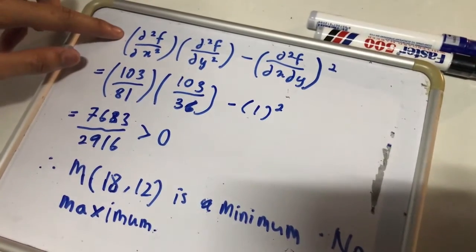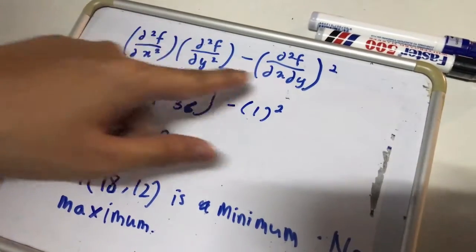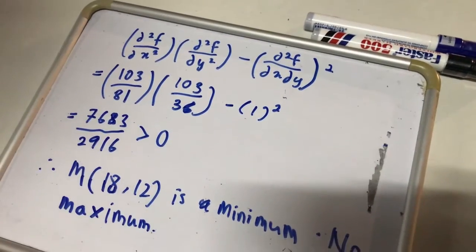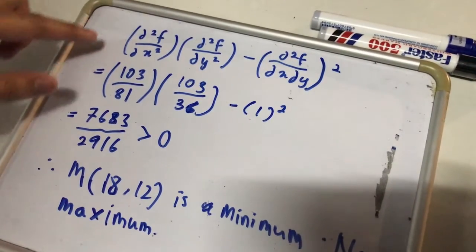Therefore x is 18, y is 12 is a minimum and there is no maximum.